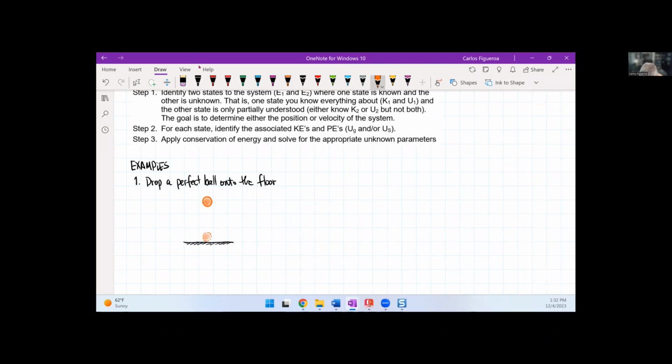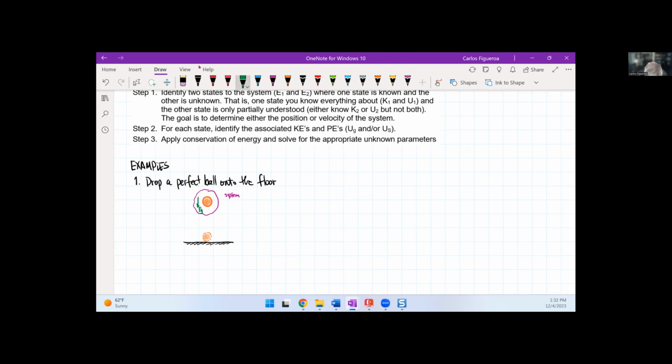So what actually happens here? Here's what I see. I'm going to isolate the system. Now that I've isolated the system, I ask, what are the forces acting on this ball? Are there any external forces? One of them is the force of gravity.